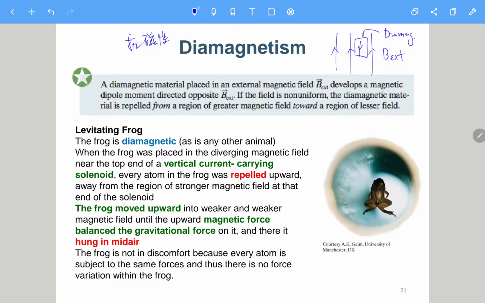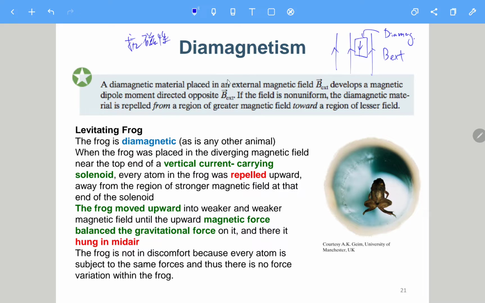But when we place a dielectric material in the external E field, then it will generate another E field. Similarly, if we place this diamagnetic material into an external B field, then it will generate a magnetic dipole which is opposite to the B external.